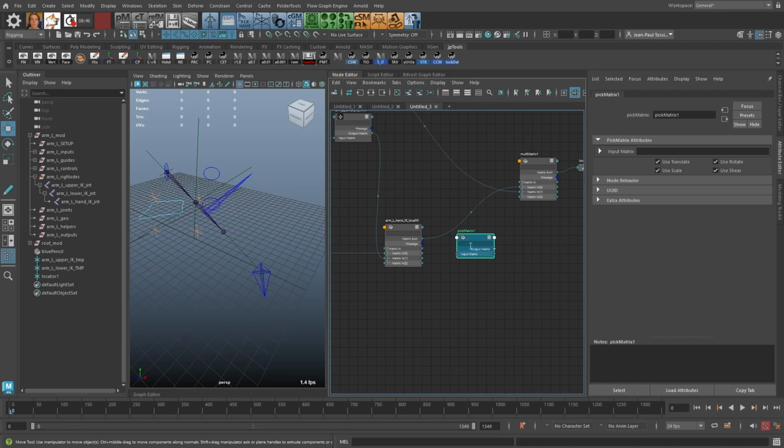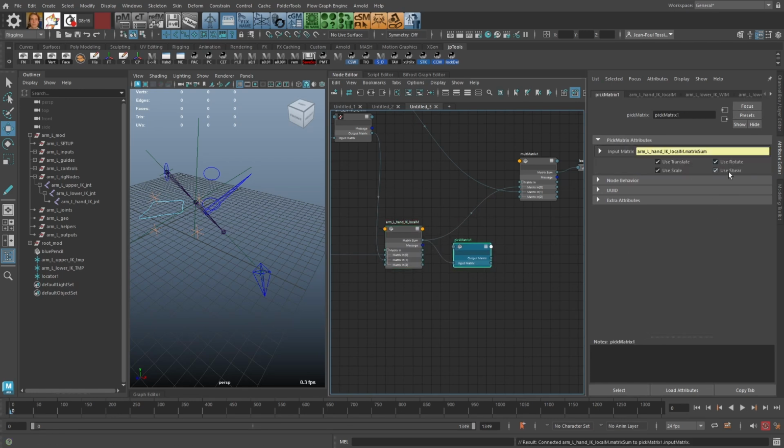to isolate the basis vectors from the translation. So basically, if you plug the local matrix into the pick matrix, the rotate, shear, and scale are all encapsulated in the basis vectors x, y, and z of the matrix. So the first three rows. The translation is the fourth row.